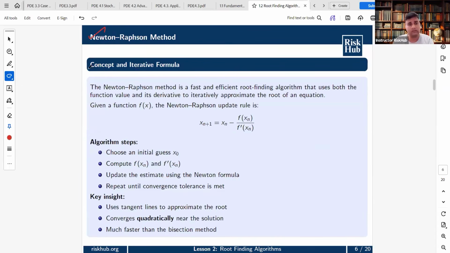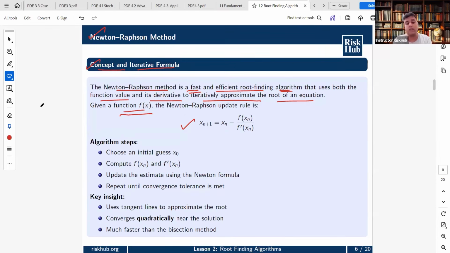Then we get into Newton-Raphson, which is the concept and iterative formula. The Newton-Raphson method is a fast and efficient root finding algorithm that uses both the function value and derivative to iteratively approximate the root of an equation. Newton-Raphson is faster than bisection but it is less safe, right?